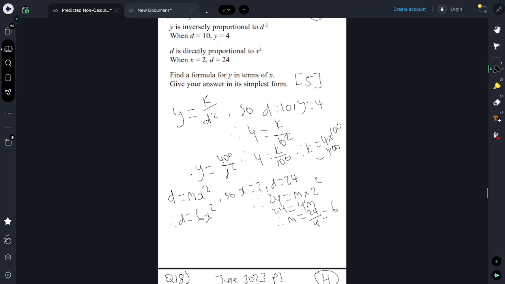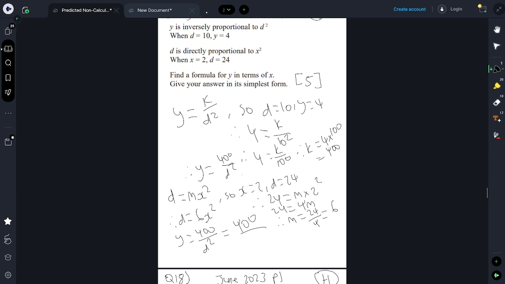But now it's said, find a formula for y in terms of x. So we need to find y in terms of x. But y here is, in terms of d, 400 over d squared. But actually, we know what d is as well. d is in terms of x here, so we can substitute it in here.